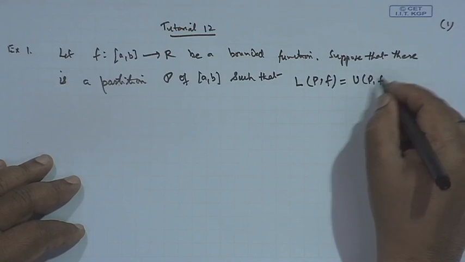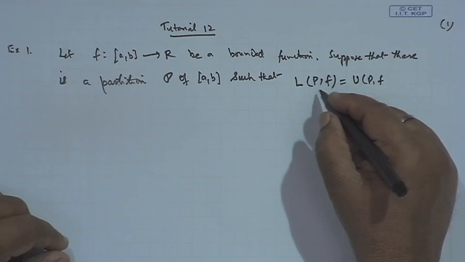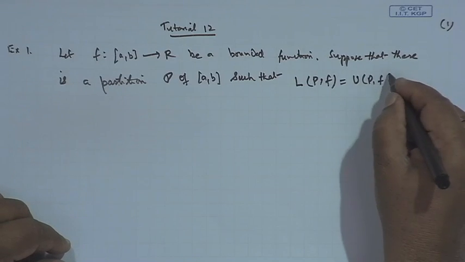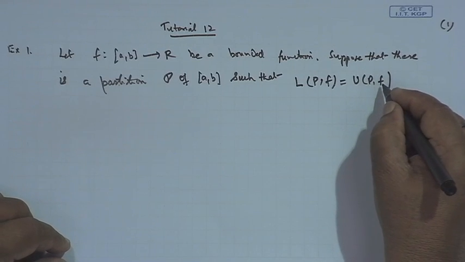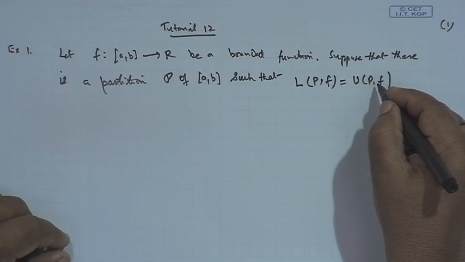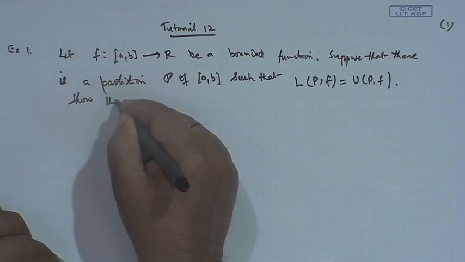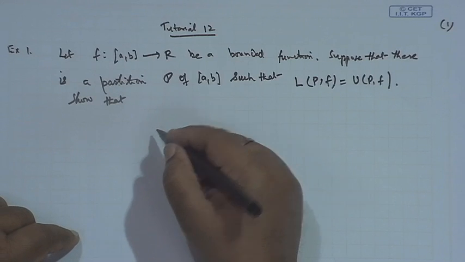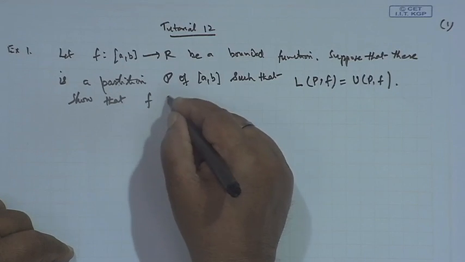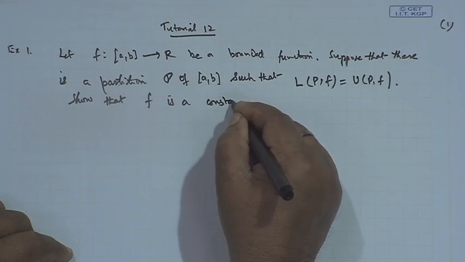The lower sum of the function f over the partition P is the same as the upper sum of the function f over the partition P. Then show that the function f is a constant function.